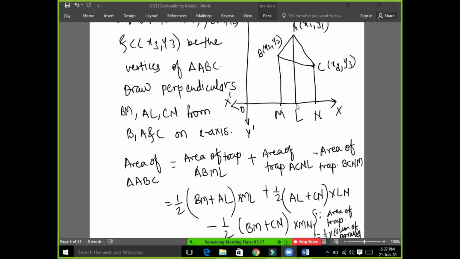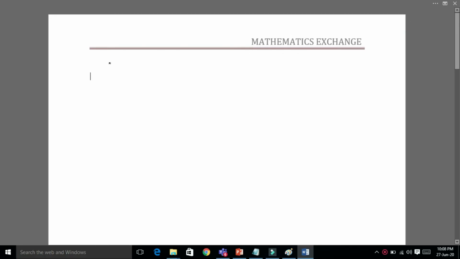MN is calculated, that is M having coordinate X2 and N having coordinate X3. So in this way, from this figure we get all the values, and we have to substitute all these values in the above expression to obtain the area of the triangle for the coordinates of the three vertices. So we substitute these values in this equation.